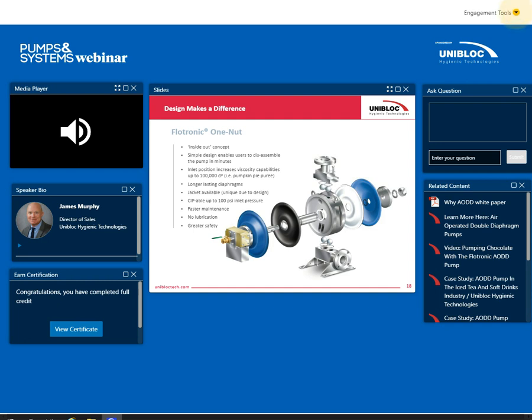If you're in a rigorous or intense environment where you're pumping a very corrosive chemical at high temperatures, or something very abrasive in nature, or if you have very poor air quality, maintenance is going to be a little bit more frequent. But if you're in an environment where they're taking care of the pump and they've got good clean air, you're going to see extended life. So it's really going to be dependent upon the application itself.